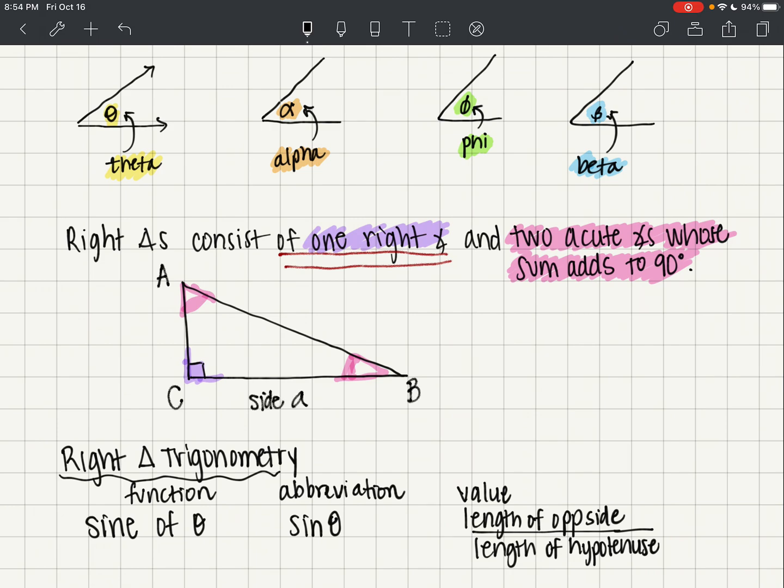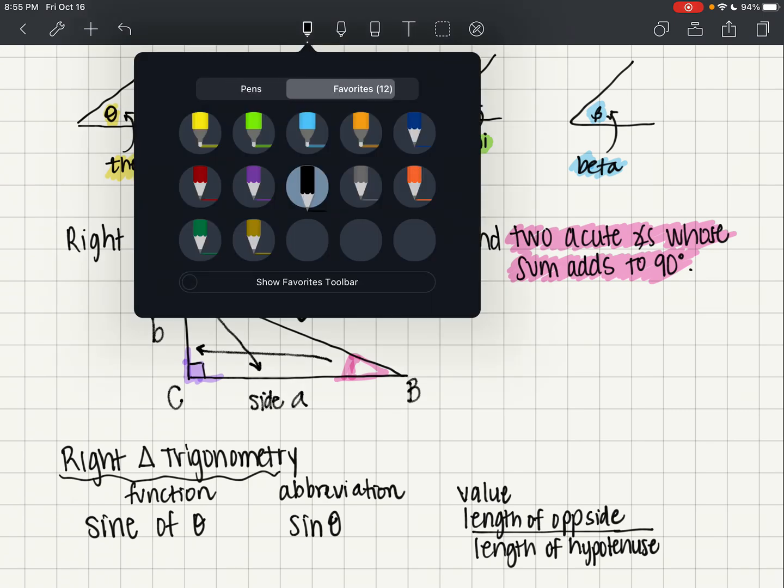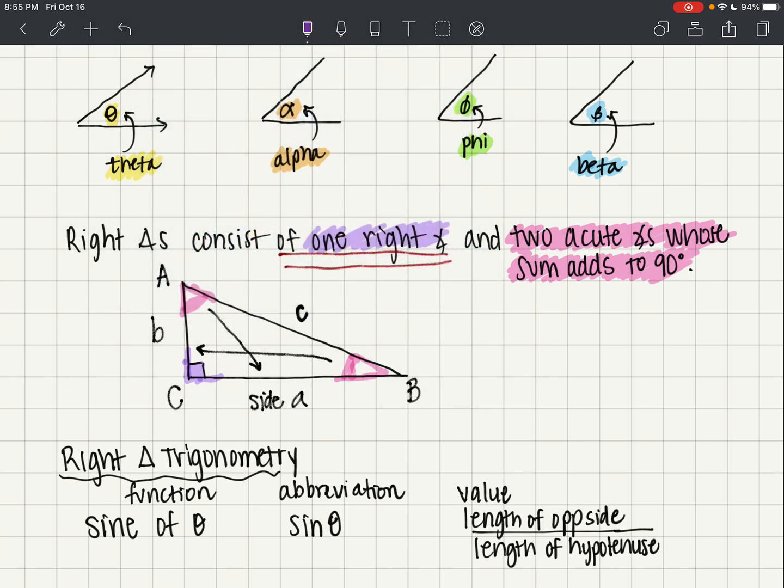So side A will be across from angle A. Side B will be across or opposite angle B. And side C will be opposite angle C. The two sides that are opposite the acute angles are called legs. And the side that's opposite the right angle is called the hypotenuse.